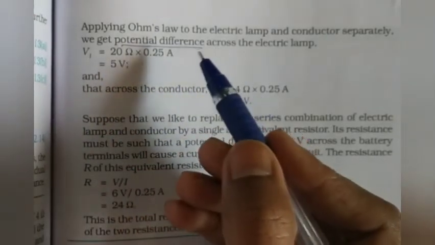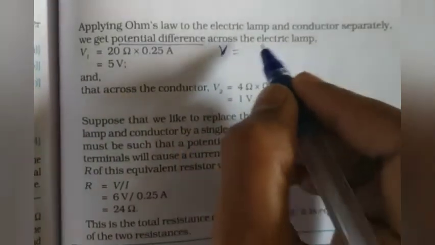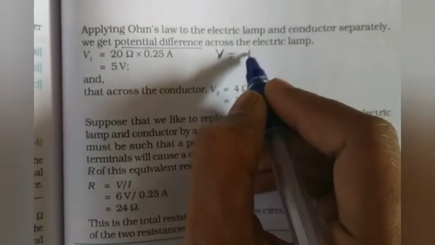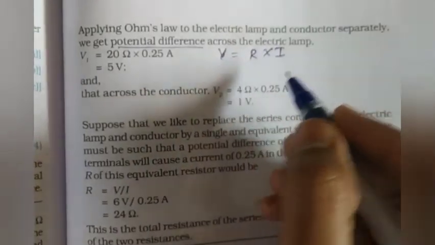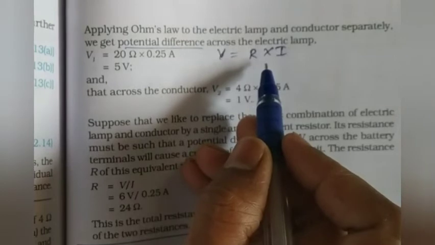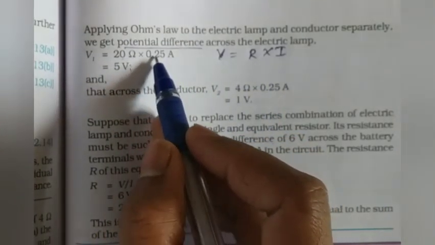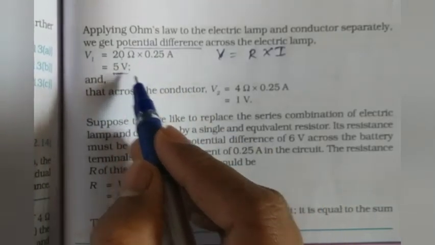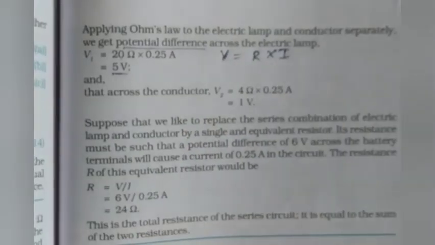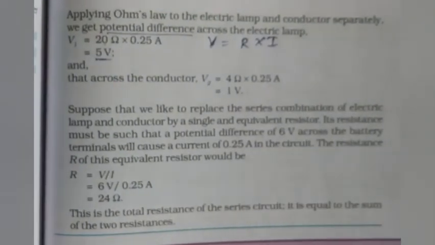By Ohm's law we can write V is equal to R into I. R is the resistance offered by the lamp, that is 20 ohms, and the current is 0.25. Both are multiplied together. It gives the value 5 volt. 5 volt is the potential difference across the lamp.